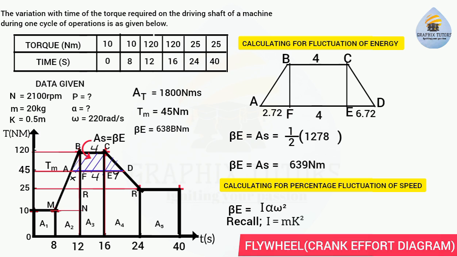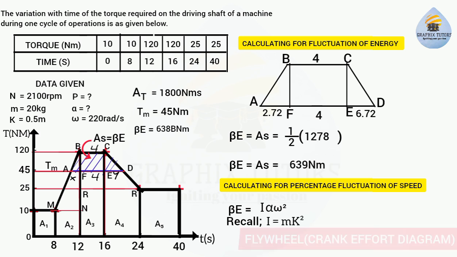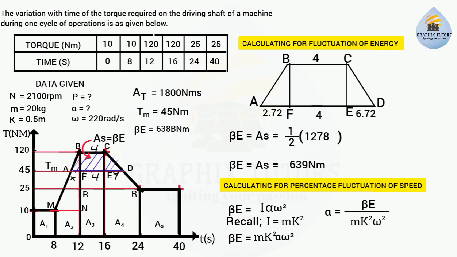So if I input it there, my delta E, the fluctuation of energy, is equal to, in place of I, mk squared, then times alpha times omega squared. So if you make alpha the subject of the formula, alpha will be equal to delta E over mk squared omega squared.